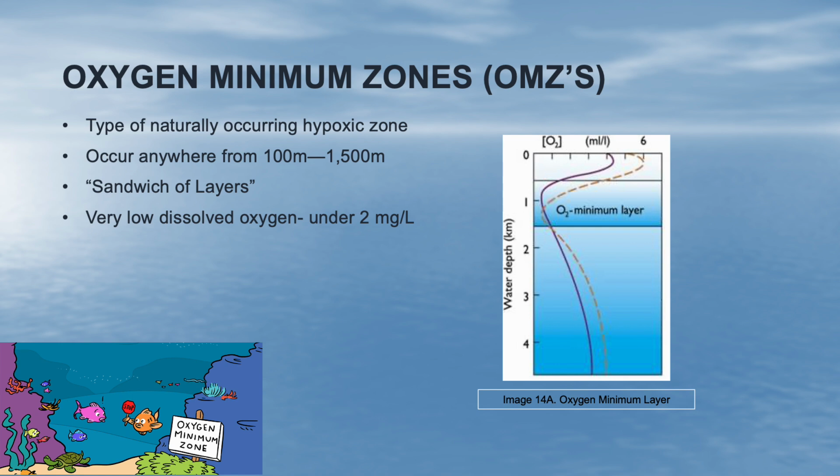I have a funny infographic on the bottom left, which shows oxygen minimum zones greeting and saying stop because obviously there's very little oxygen. And image 14A shows this oxygen minimum layer. Obviously, it can occur anywhere from 100 meters to 1,500 meters, but it shows how it persists as this one layer in the ocean, created naturally, which we will discuss after, and it persists there as a sandwich.